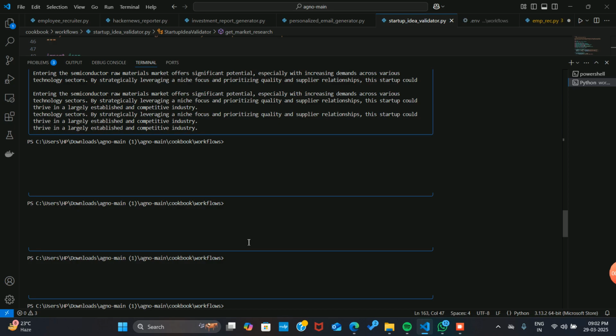Let's say if somebody wants to start a startup in the semiconductor space, or space technology, or quantum technology, in the field of energy, automotive, banking, retail, travel. The potential is huge, right?